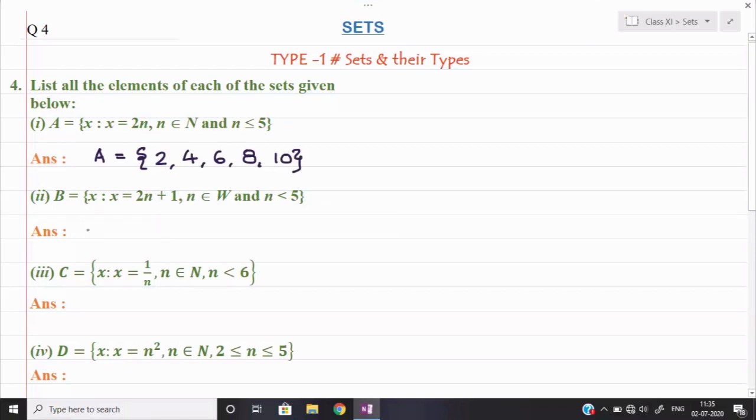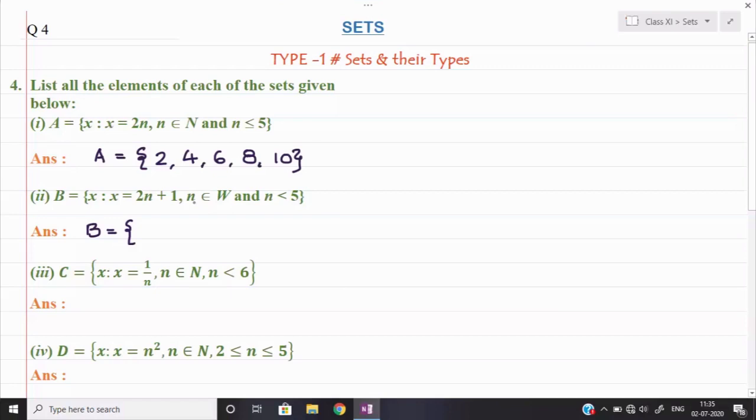Similarly, let us see part B. Here the value of x is 2n plus 1 and n is less than 5, which means it cannot go to 5 or more. Also n belongs to the whole numbers, so n starts from 0, 1, 2, 3 and so on. We cannot go more than 4.